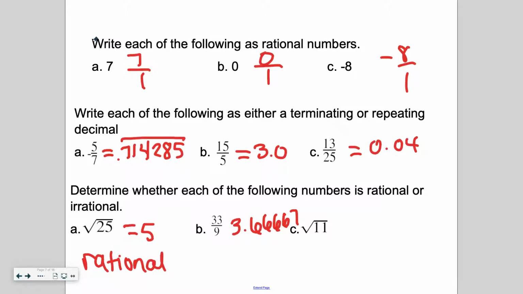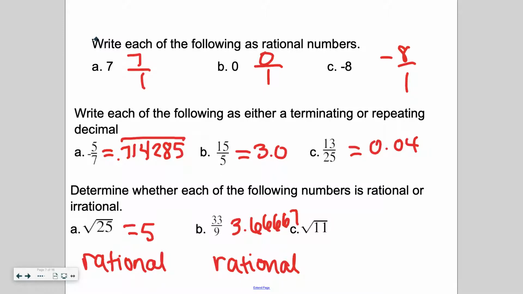So this is a repeating decimal. What kind of number is it? It's a rational. Rationals have repeating decimals.